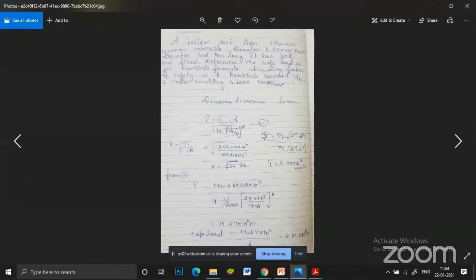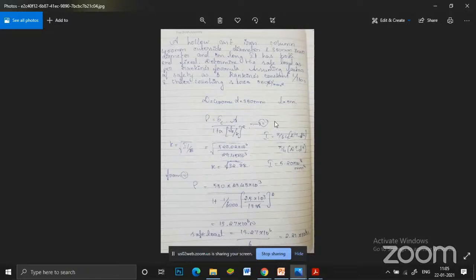I told you that it might not be only a rectangular or square column, but also a circular column. We will use Rankine's formula in case of a short column, and in case of a short column, the failure happens through crushing.